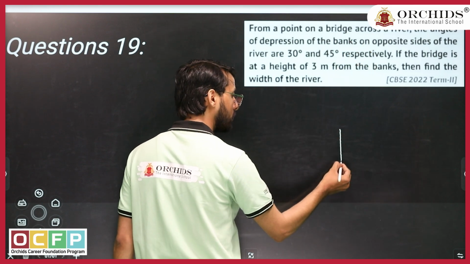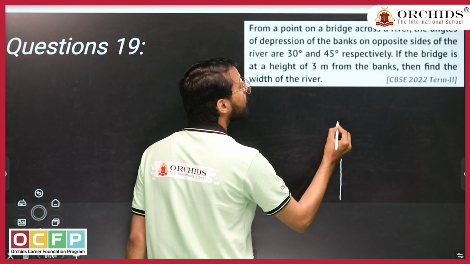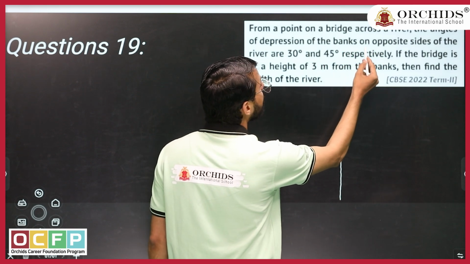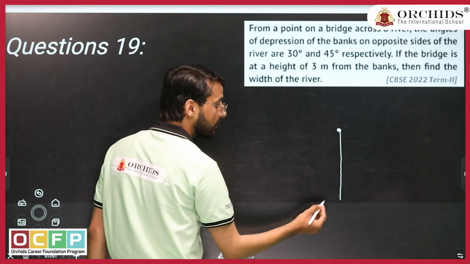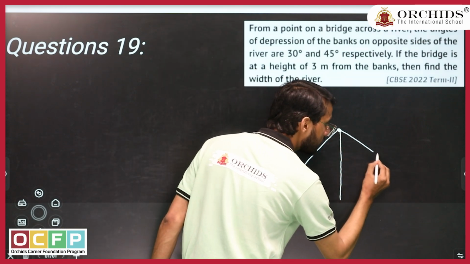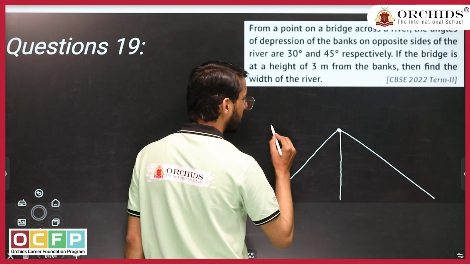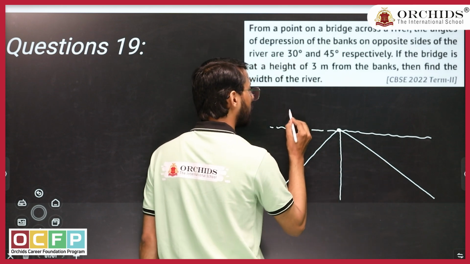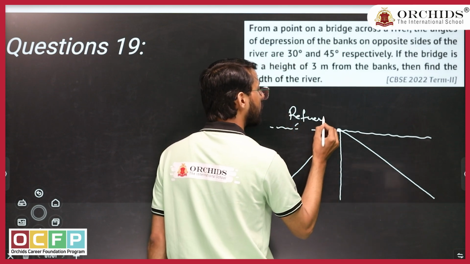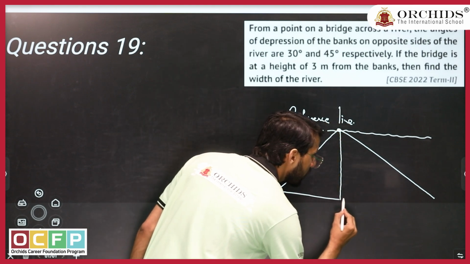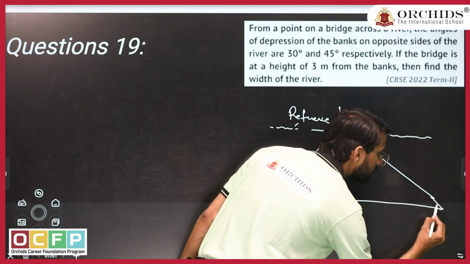So suppose this is a bridge, a point on the bridge across the river. There is a depression on the bank on the opposite side of the river. So this is the reference line for depression angle, and this is the actual base.